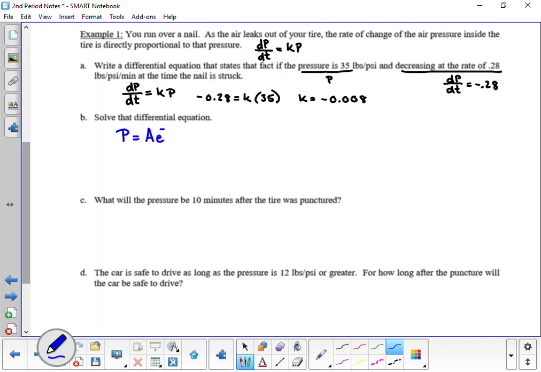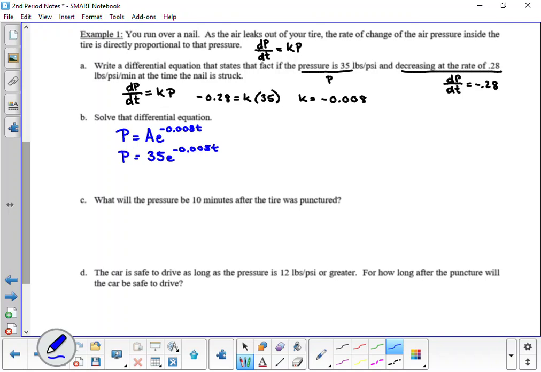And I know k, so I'm going to plug that in for k. All right, A is always like your initial condition because if t is 0, then A always ends up being like your starting value, right? So at the time your nail was struck, the pressure is 35, so we'll plug 35 in for A. And then now we have all the equation to solve C and D.